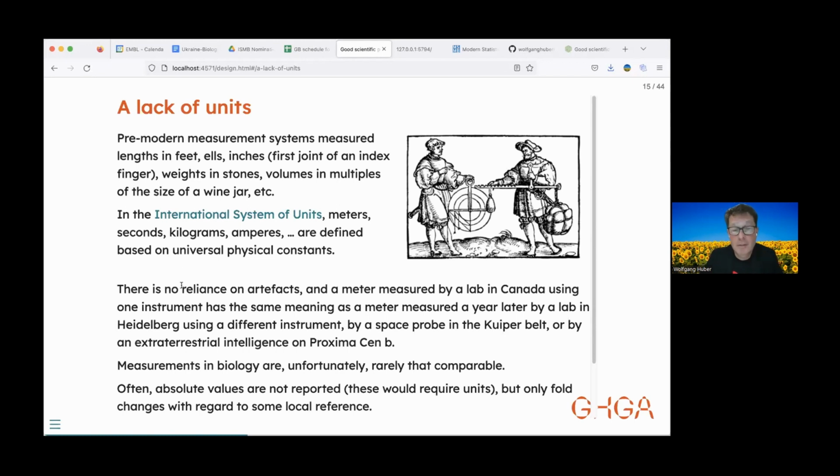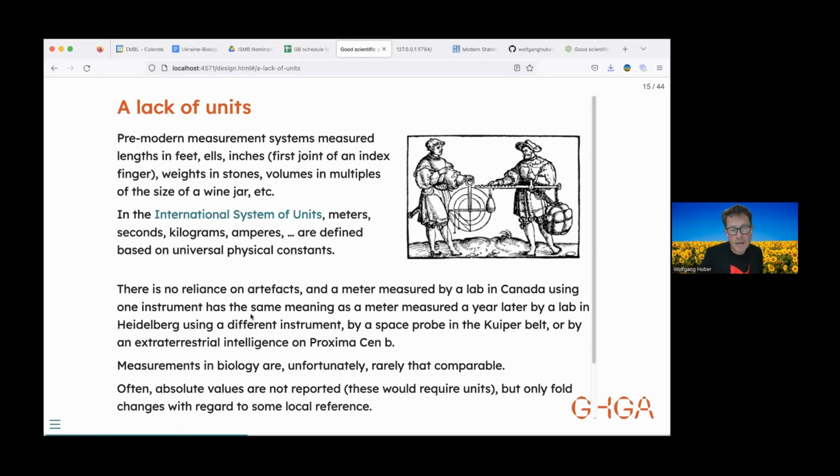A meter can be measured by a lab in Canada using an instrument and has the same meter as a meter measured by a lab in, let's say, Heidelberg, using a very different instrument, or by a space probe out somewhere in the solar system, or even by an extraterrestrial intelligence on a completely different planet. As long as we all agree on the physical definition of a meter, those measurements would be comparable, even without exchange of artifacts like a meter prototype. So that's a really beautiful situation that physics is in.